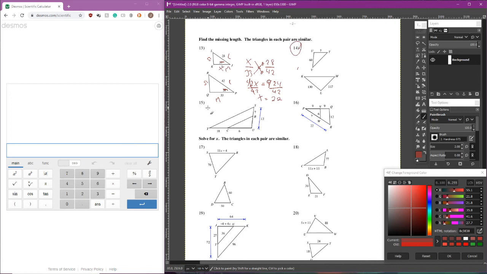But let's go ahead together and talk about 15. 15 is a little bit different in that they want you to find not the side of the smaller triangle over here, but the piece that's left after the small triangle has been taken away. You solve that in the same way, but we'll set up things that go together.